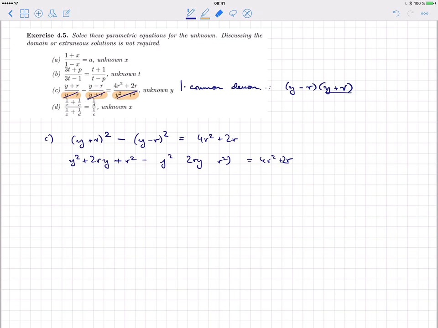This is plus, this is minus. And we recognize that y squared cancels here. r squared cancels here. So we are left with 4ry equals 4r squared plus 2r.